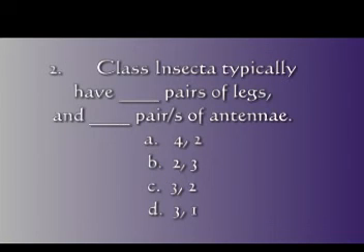Number 2. Class insect typically have blank pairs of legs and blank pairs of antennae. A. 4, 2. B. 2, 3. C. 3, 2. D. 3, 1.